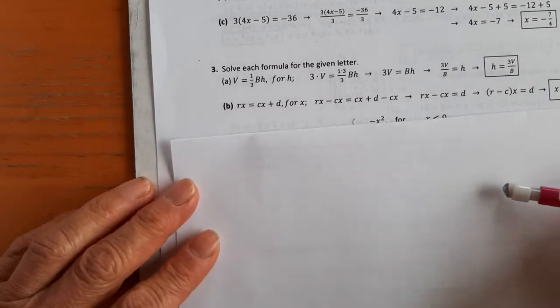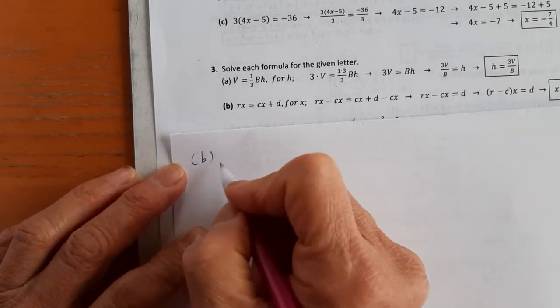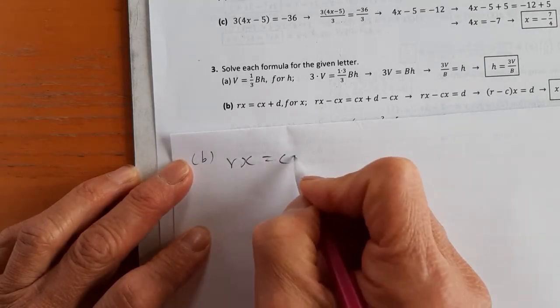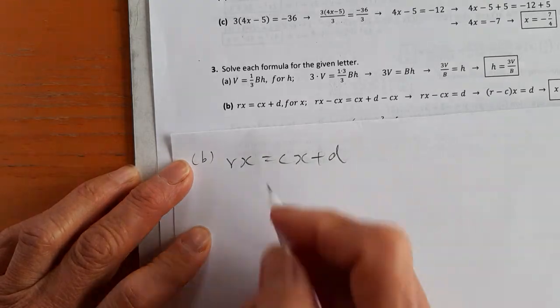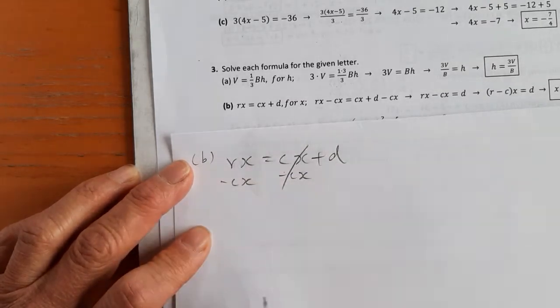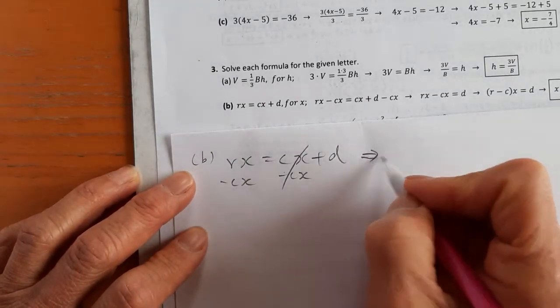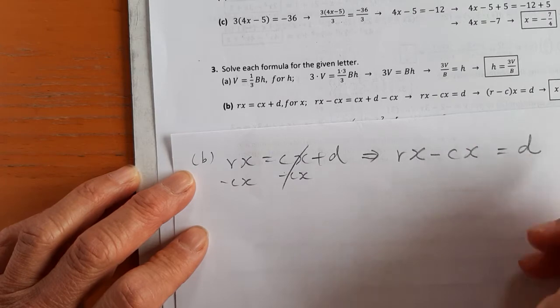Next one, 3b, solve for x: rx equals cx plus d. We move minus cx to both sides. The cx cancels on the right, so we get rx minus cx equals d.